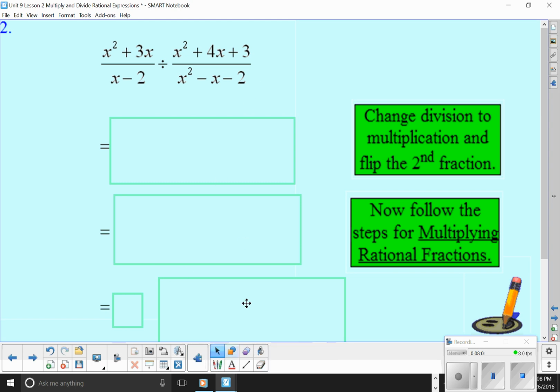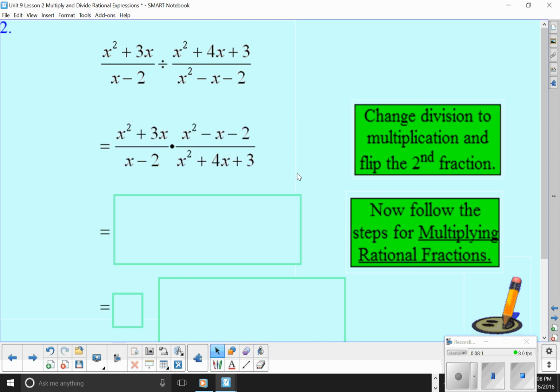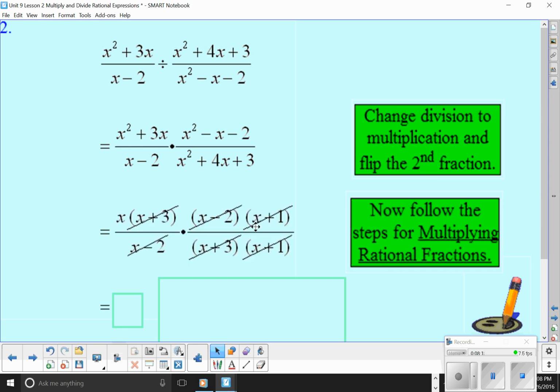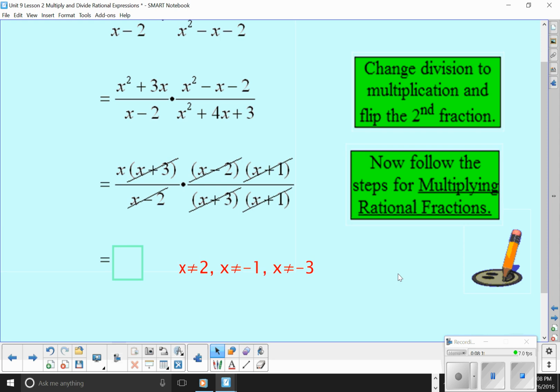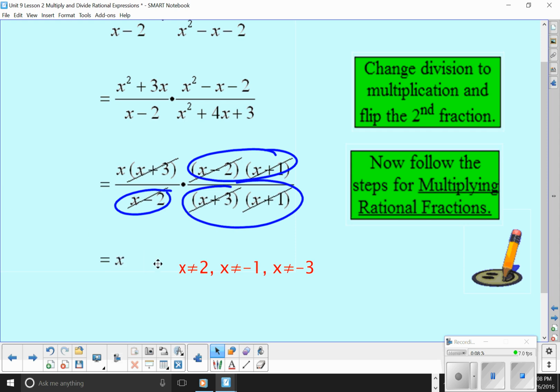So first, let's change it to multiplication. Let's factor. Let's take a look at all of my restrictions. Remember, things that have got to be restricted, the denominator here, numerator, and denominator over here. And when I simplify it all the way down, I'm left with lonely little old x.